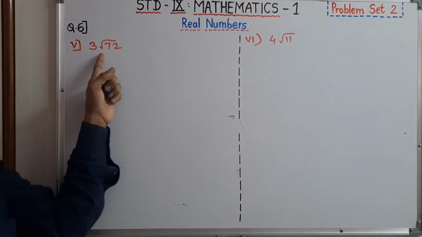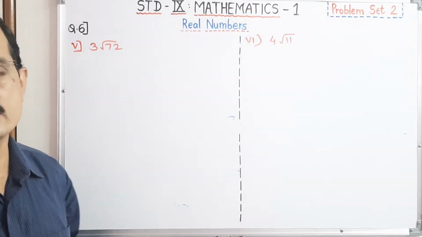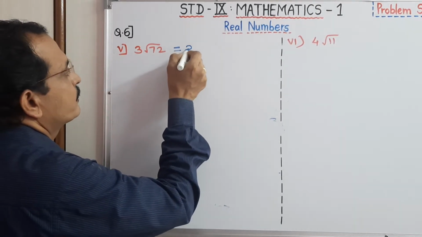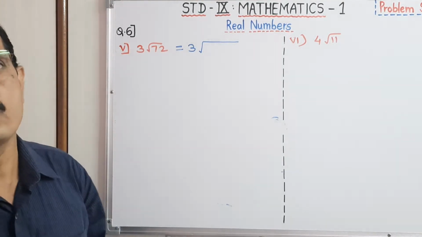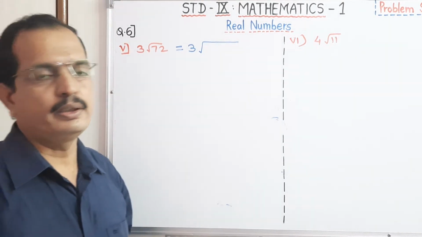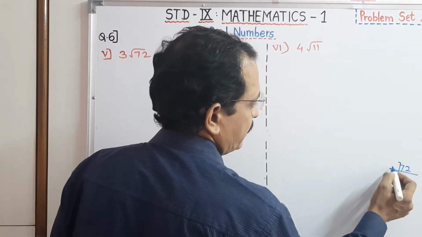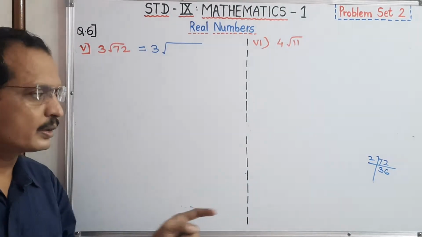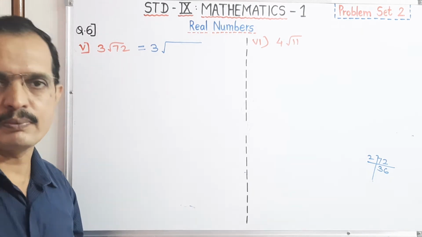It is 3 root 72. One factor is 3, another factor is root 72. Now order is 2, therefore 3 root. Tell me the factors of 72. It is 2 3s and 2 6s. 36 into 2 is 72. 36 is a perfect square.